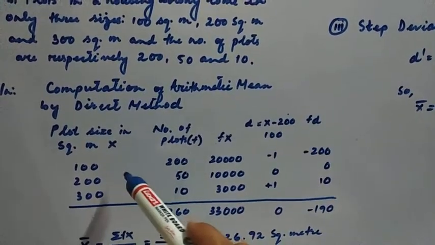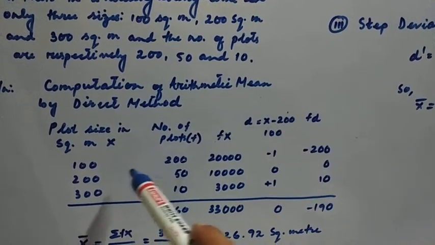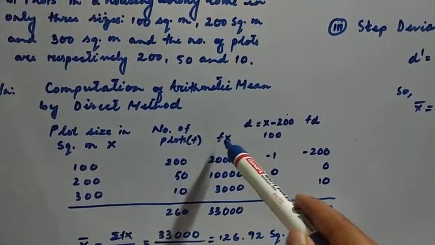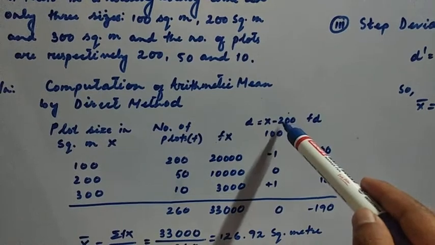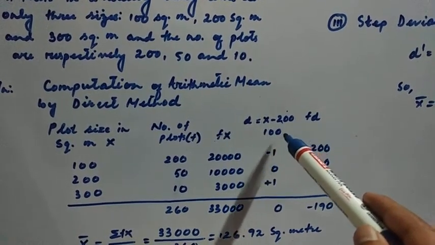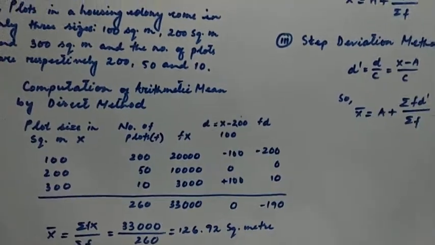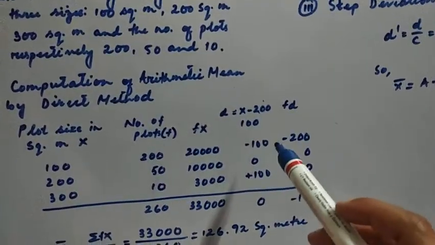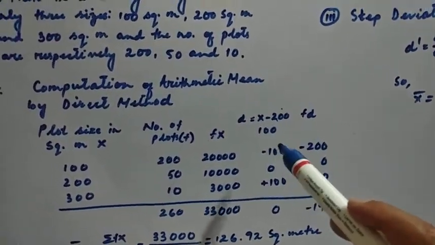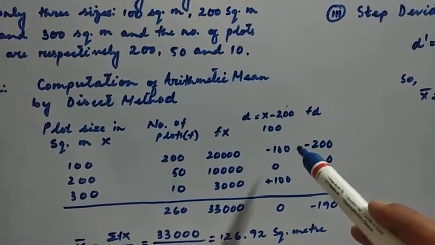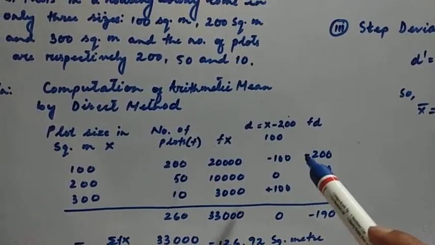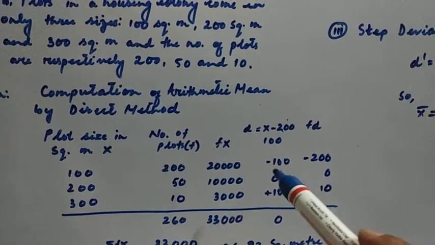So 100 minus 200 is minus 100. Earlier I made some mistake in this table, and your book is also wrong here. So clarify it with your book.